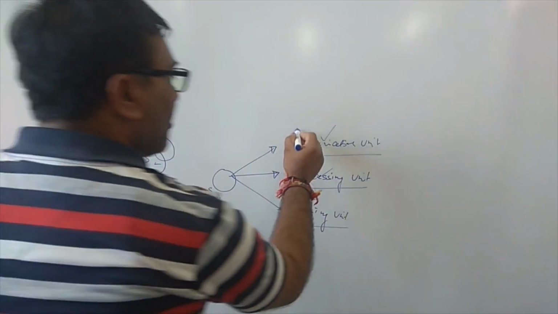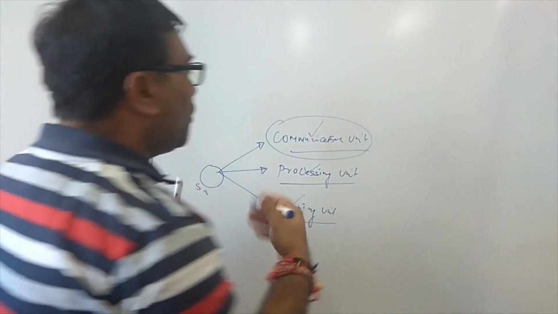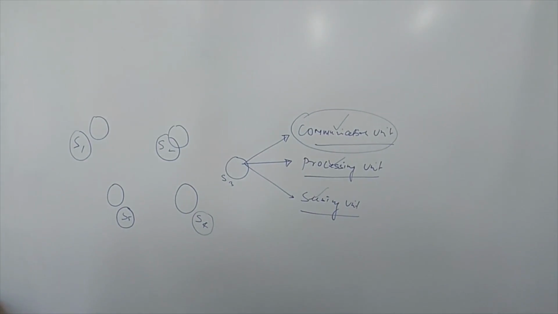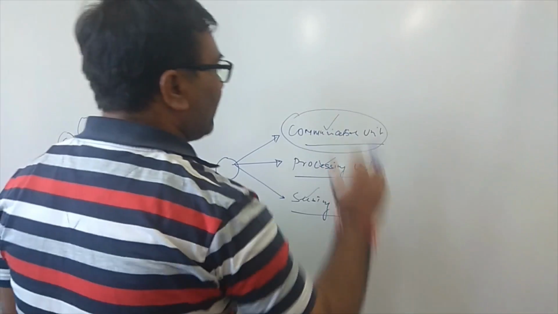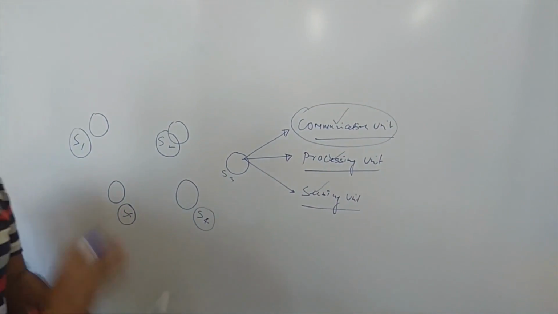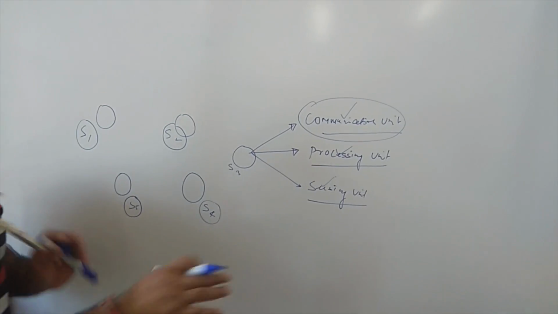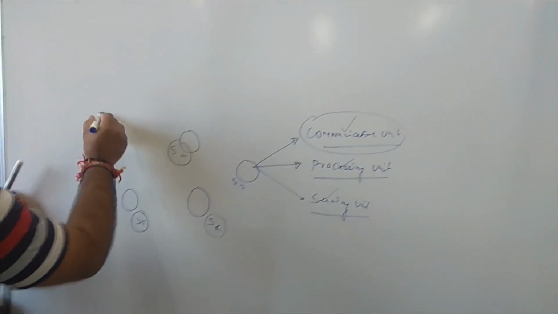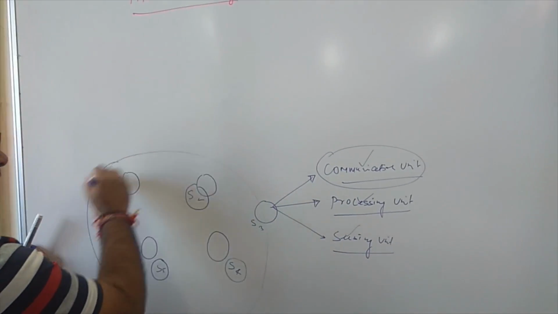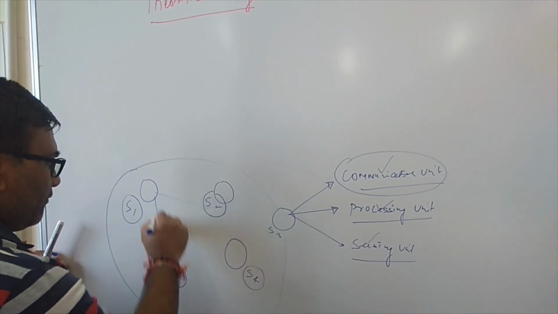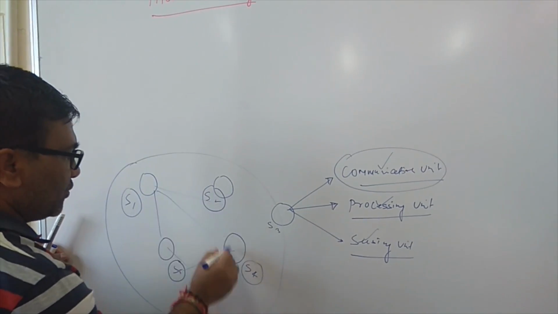So the question is, communicate with whom? These sensors should communicate with some external device. Here is the basic difference between WSN and IoT. Out of the 5 sensors, one will behave as a cluster head, and all communicate with each other.